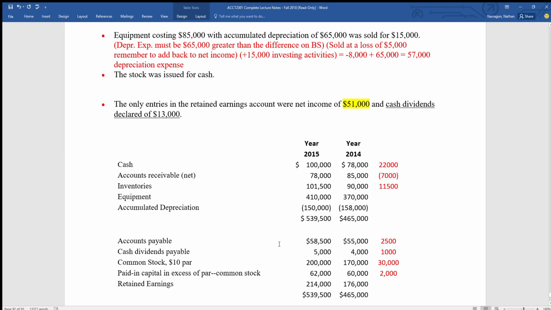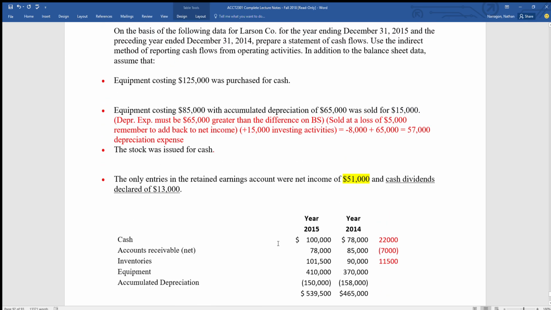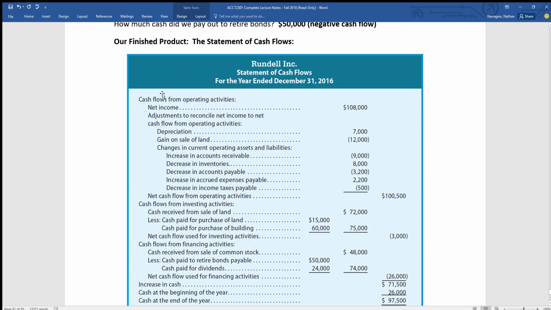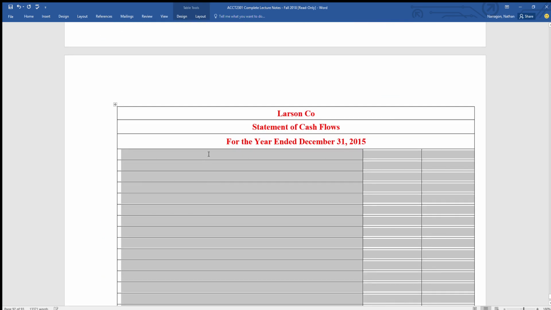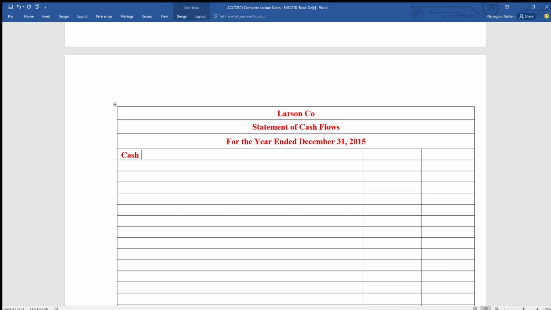It happens. Oh well. So first little part we're going to have to do is cash flows from operating activities. And we always start with net income.